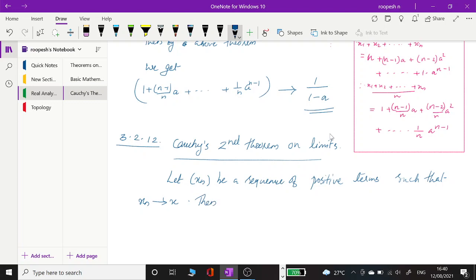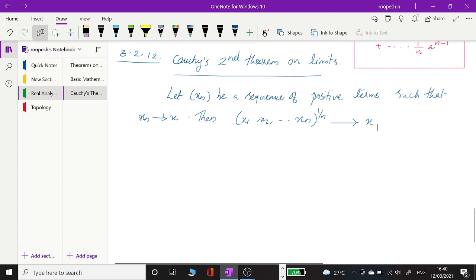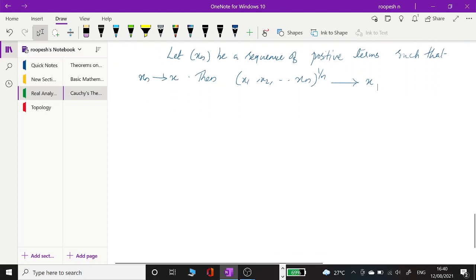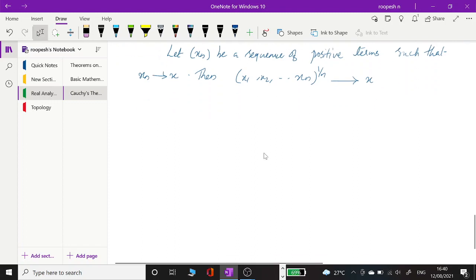Then x1, x2, etc. xn, all raised to 1 by n, also converges to x. So we want to prove that if xn is a sequence of positive terms such that xn converges to x, then x1, x2, x3, etc. xn raised to 1 by n will also converge to x. It's not the product. Okay.